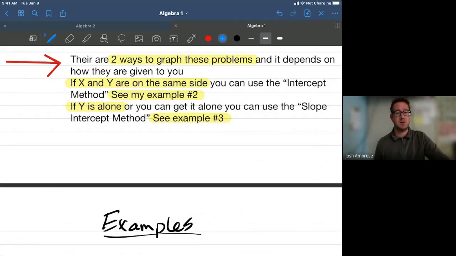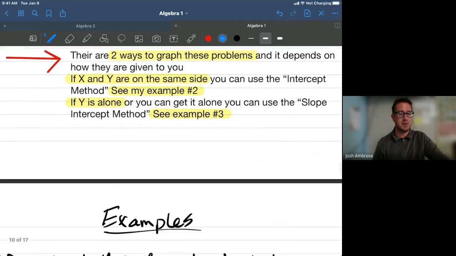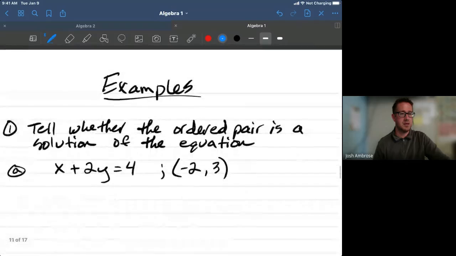You'll see exactly what we're talking about there. Again, x and y together, and it really helps if x and y have a coefficient and they're on the same side, leave it. Look at example 2. If y is alone, or let's say y has no coefficient, like it's just a 1, there's nothing else there, then take a look at example 3. All right, here we go. Let's jump into these example problems.